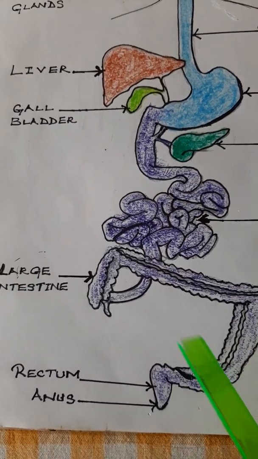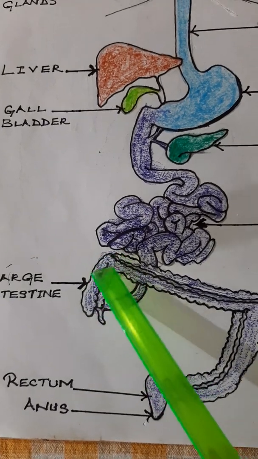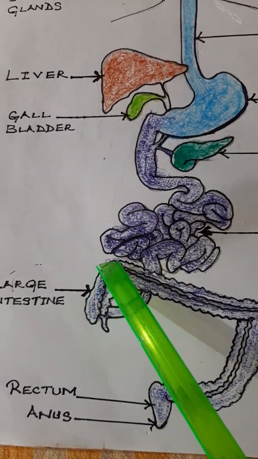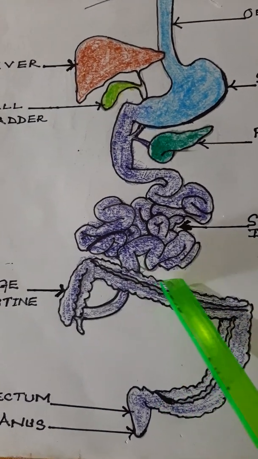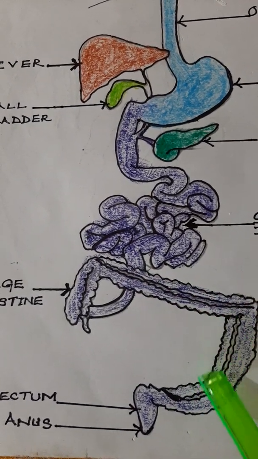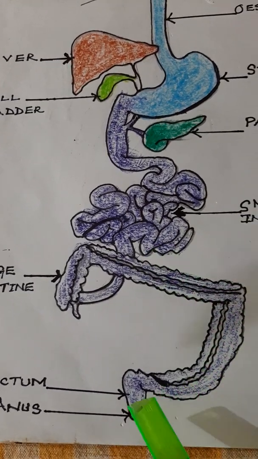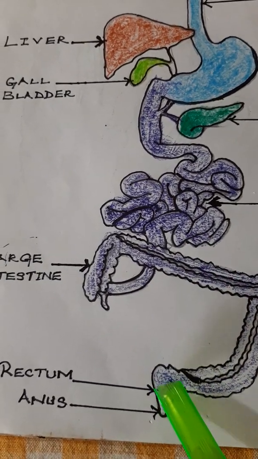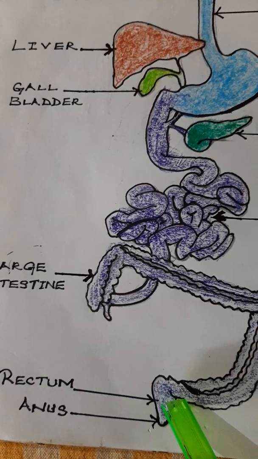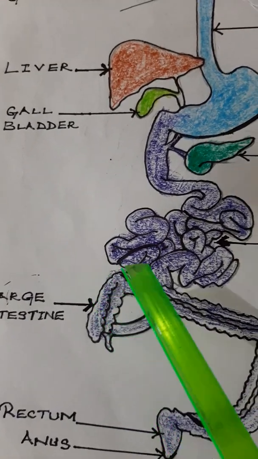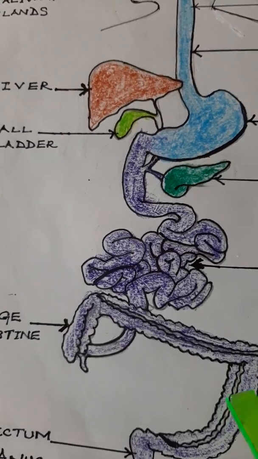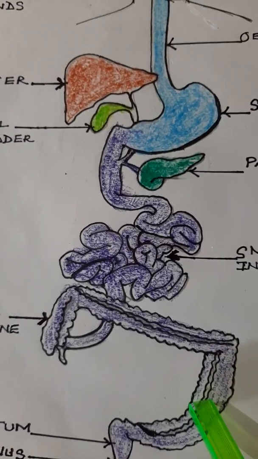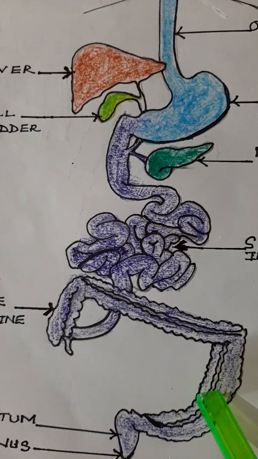The first part of the large intestine is known as the cecum, then the colon, and the last part is known as the rectum. So cecum, colon, and rectum. Now, the large intestine does not secrete any enzymes.